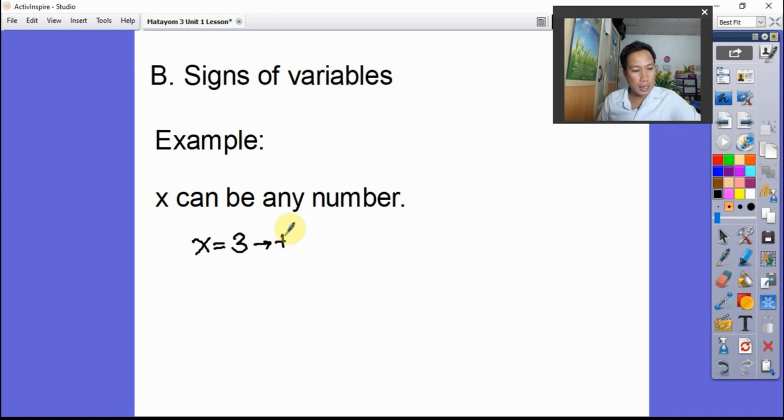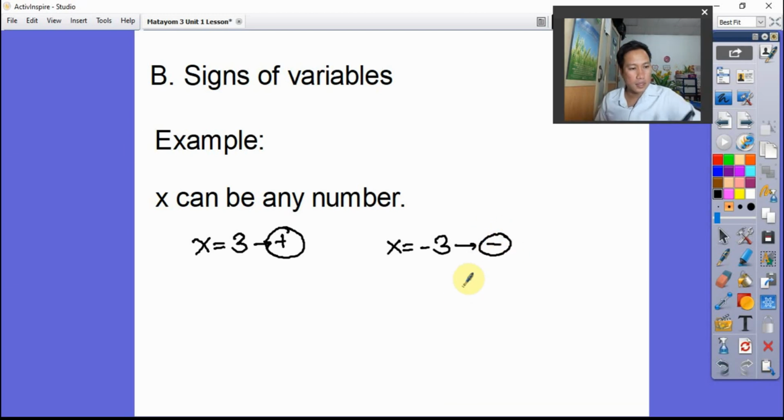So the sign of our x is positive. Now, it can happen that our x is also a negative number. So the sign of our x is negative.